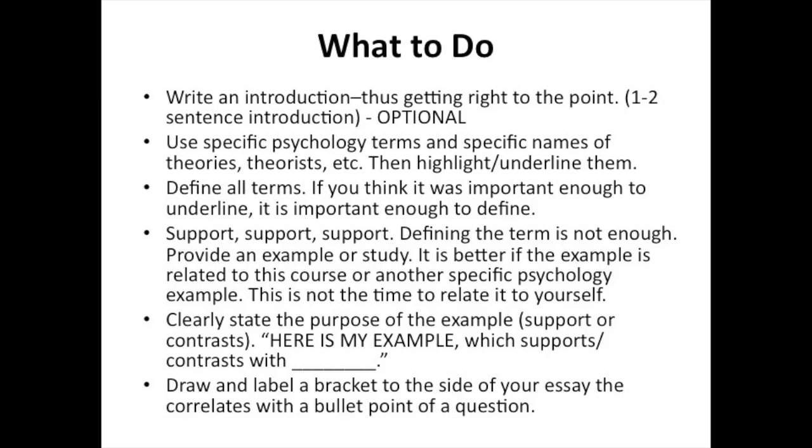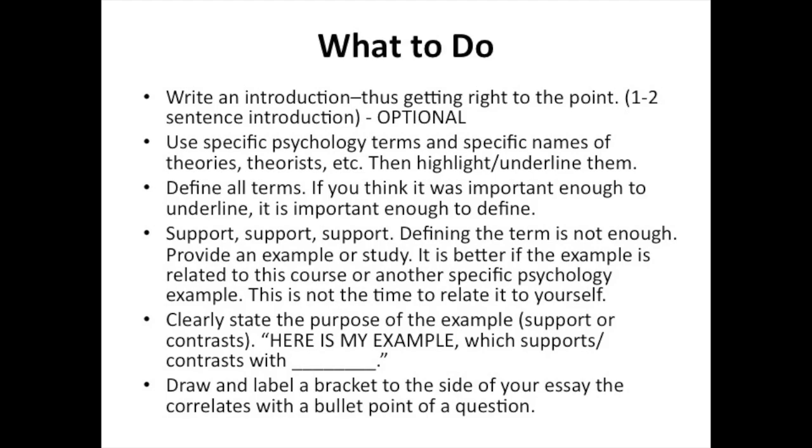This is not the time to relate it to yourself. Relate it to the question. Clearly state the purpose of the example. This supports or contrasts, like here's my example, which is doing X, Y, or Z. Make sure you include that. And something that I think you should be doing, this doesn't actually help you earn points technically, but anything you can do to help the grader, help the reader, can help you as well.